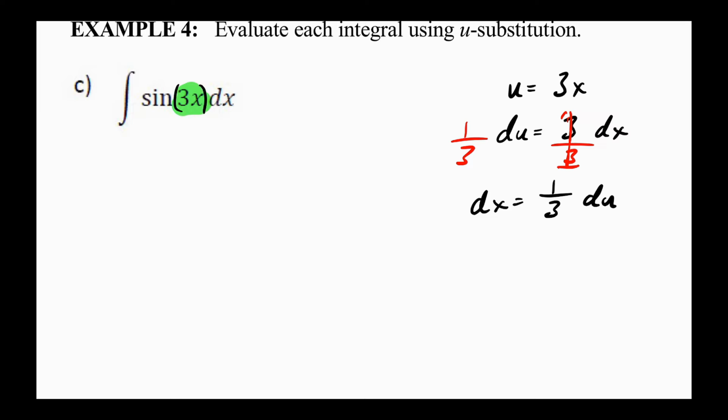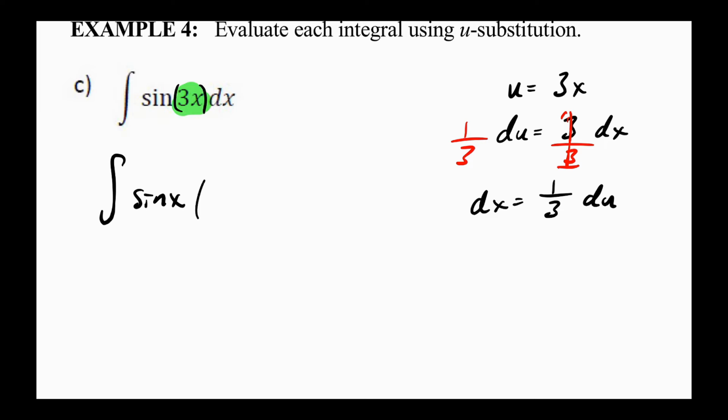Okay. Check. Step 5, substitute in u for the argument and dx. I should put dx up there. So what is that going to look like now? Well, we still have sine because sine isn't changed, right? But u is now 3x.